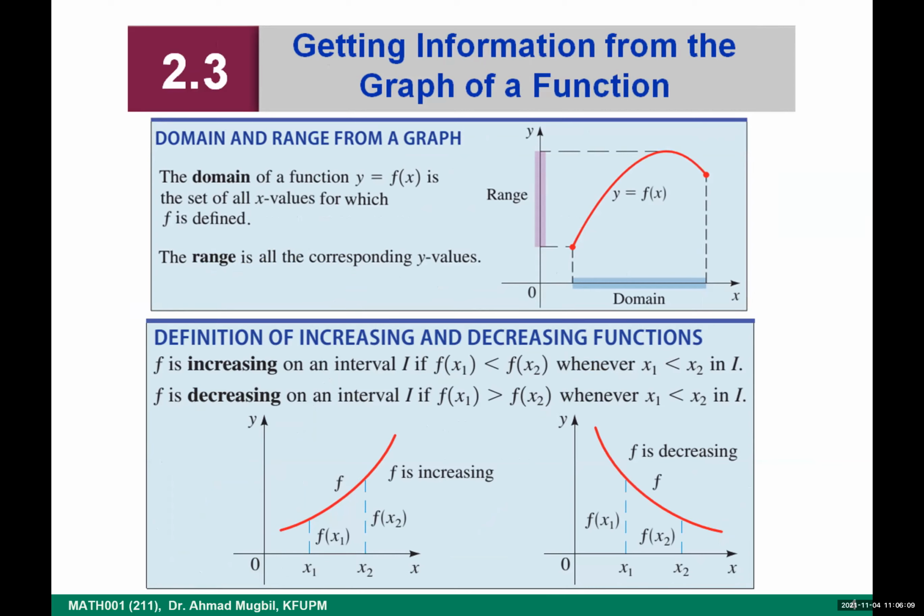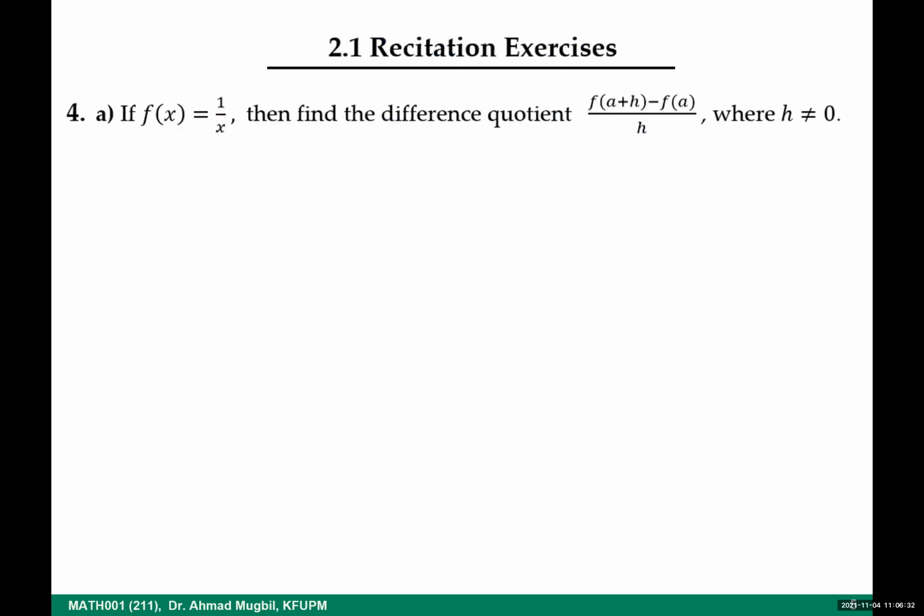The best way to find the range is to sketch the graph. We will see today. We will answer this question today. And of course, what you can also know from the graph is about the intervals on which the graph or the function is increasing or decreasing.